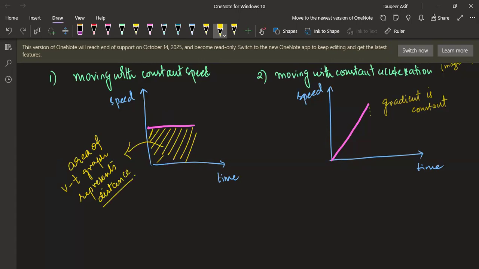And if I want to find out the distance at this particular time, how much distance is traveled by the body, I have to find out the area. Area is equal to distance traveled.